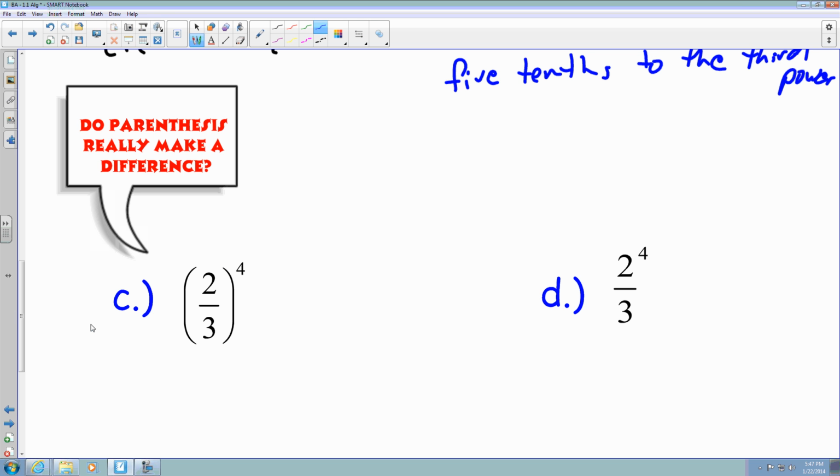Absolutely. The reason for that is because the parentheses are made for both the 2 and the 3 to be a power of 4. So essentially, this is like 2 to the 4th power divided by 3 to the 4th power.